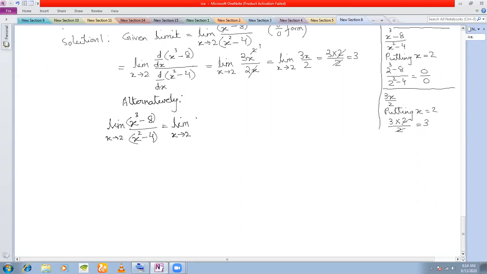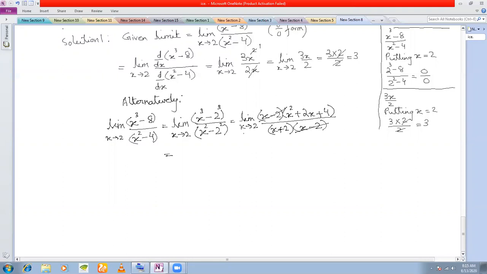Okay. What is that factor? You write the numerator as a cube minus b cube form, and the denominator as a square minus b square form. So a cube minus b cube is a minus b into a square plus ab plus b square, divided by, in the denominator, a plus b into a minus b. Okay. So now we have cancelled out the common factor between the two.